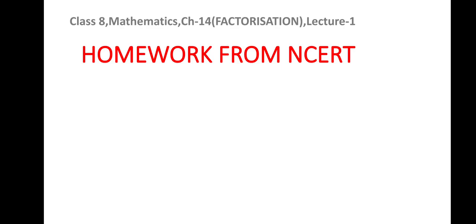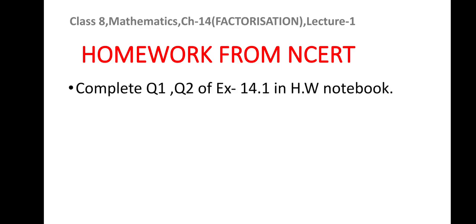So let us see the homework part now. Dear children, you are supposed to complete question number 1 and question number 2 of exercise 14.1 in your homework notebook. Simply, you are supposed to find the common factors of the terms which are given to you.